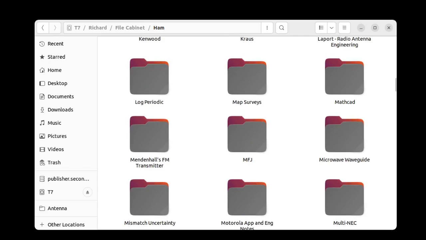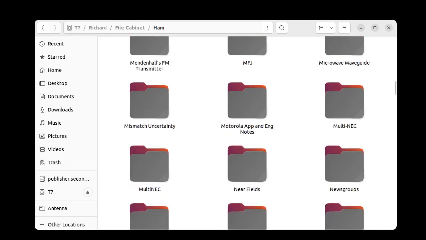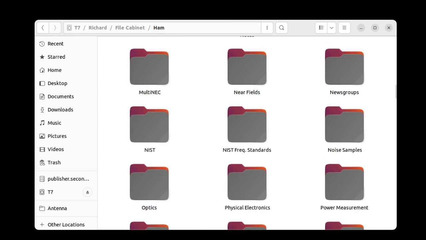Antennas galore here, Mendenhall's FM transmitter. Near fields, this is the topic that I study with very high interest. Noise, NIST frequency standards, NIST on its own, which back in my day was the Bureau of National Standards.